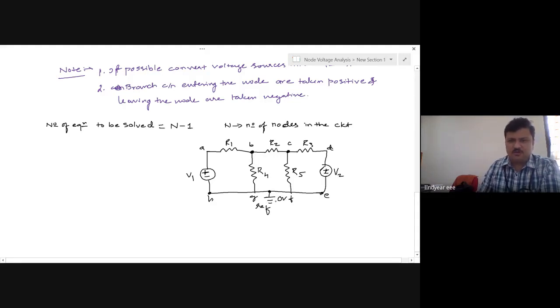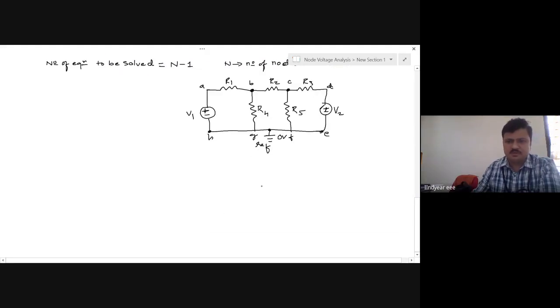Now, if you want to reorient the circuit, I will show you how it is connected to a common point.